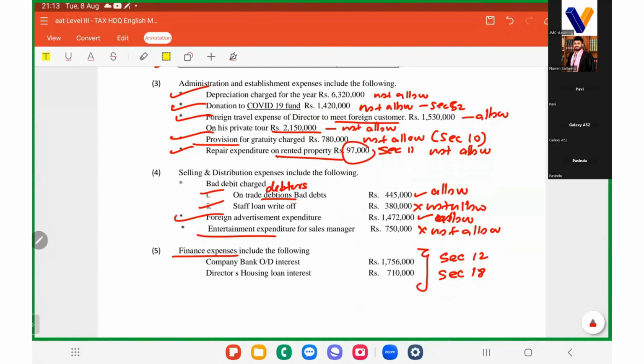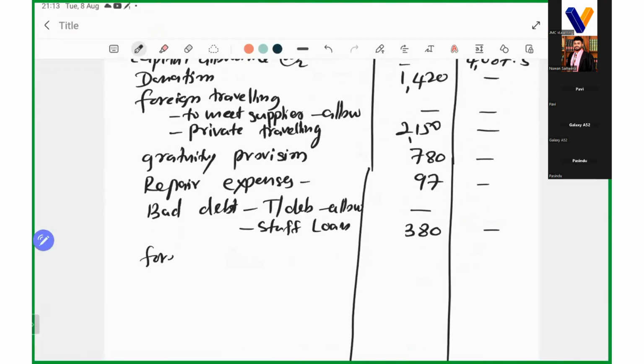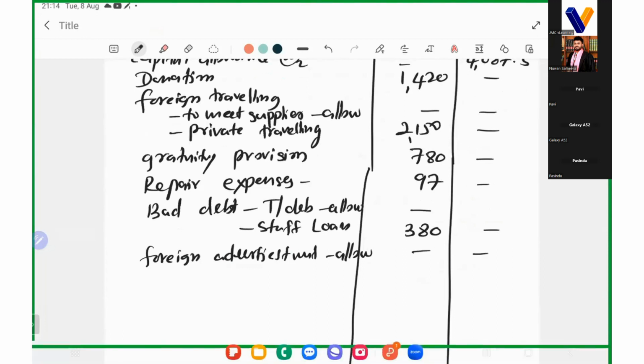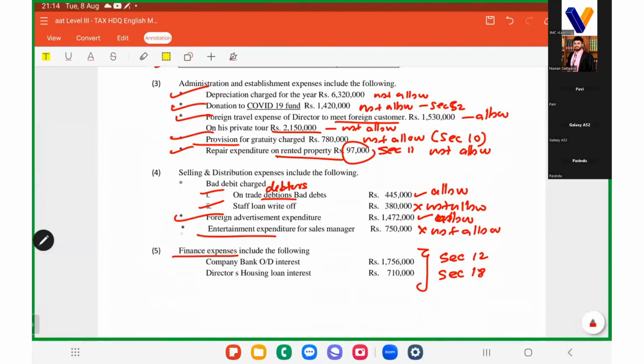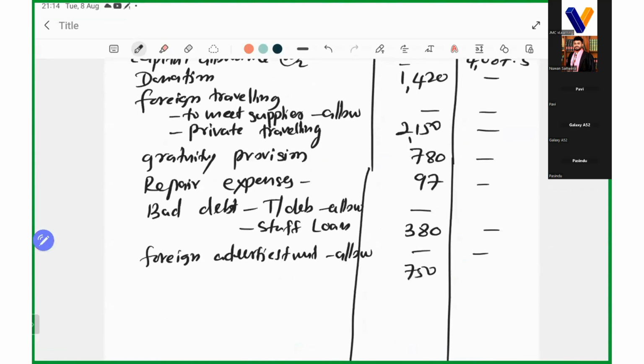Foreign advertisement, normally we have to think that is for business purposes, so allowed. If anything is not specifically given, that is allowed. Entertainment 750, you need to add back. We have already discussed the reason for that.